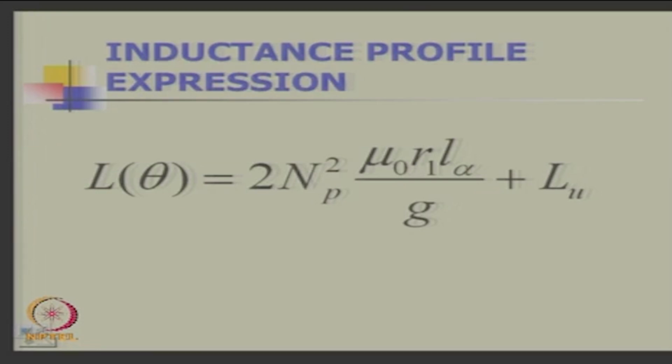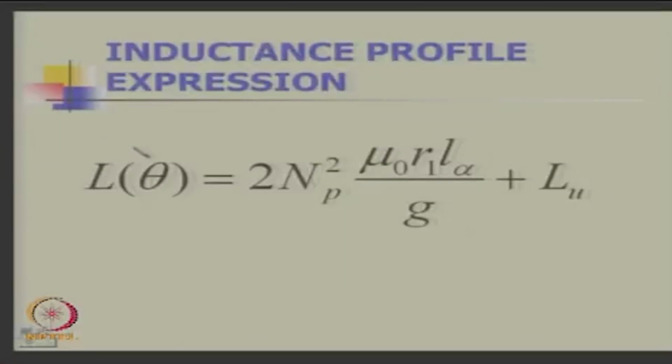Permeance is the reverse of reluctance, 1 over reluctance, where reluctance is l over A mu.